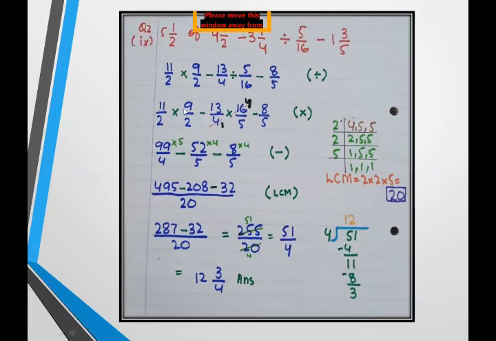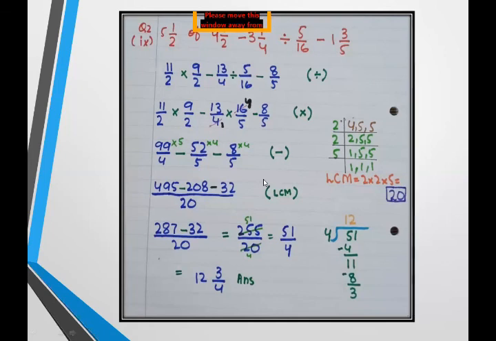Now this is also multiplication. 11 multiplied by 9 becomes 99. 2 multiplied by 2 becomes 4. Minus 13 fours are 52 and 1 five becomes 5. Minus 8 over 5 is left.